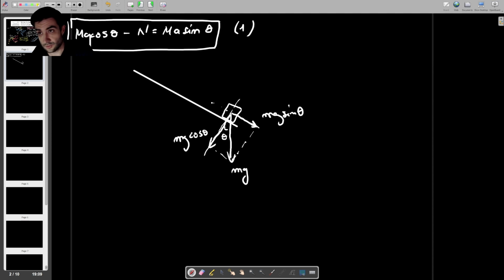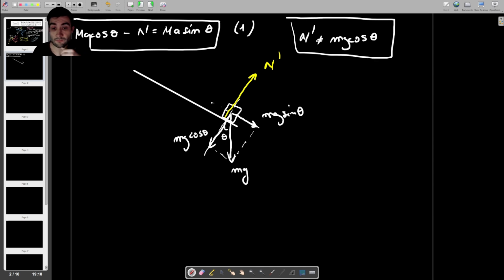And I also know there's a normal reaction force that I'm just going to call n prime. And as before, n prime is not going to be equal to mg cos theta for the same reason. So this surface, the slope, and the wedge is going to be accelerating, so this can't actually be true. So we're going to keep this in mind.